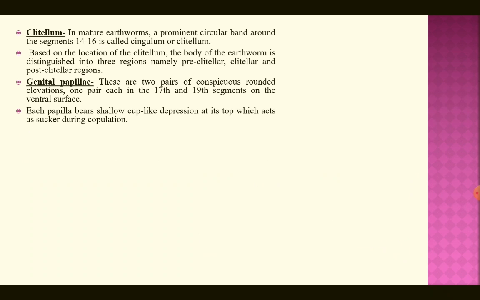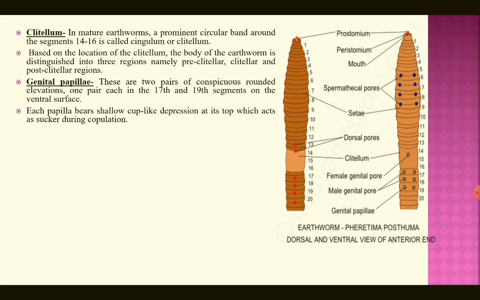Now let us look at the clitellar region. In the earlier picture we saw this clitellum. Here also you can see the rest of the body of the earthworm is brown in color with a number of segmentations, but the region of the clitellum doesn't show any segmentation because it becomes very thick and glandular, as it possesses a large number of glands.